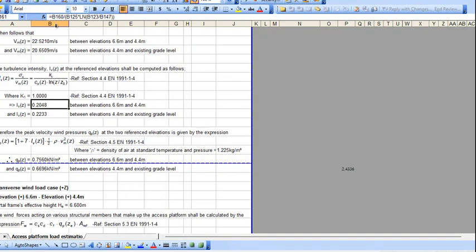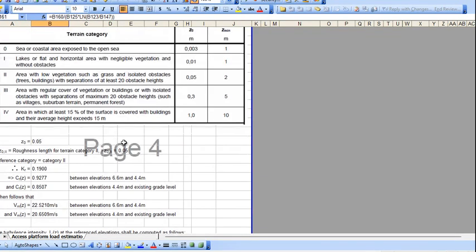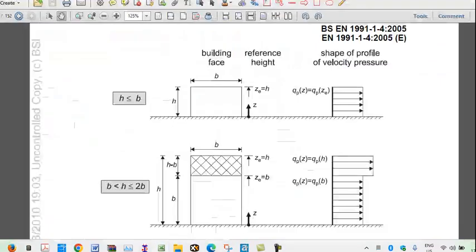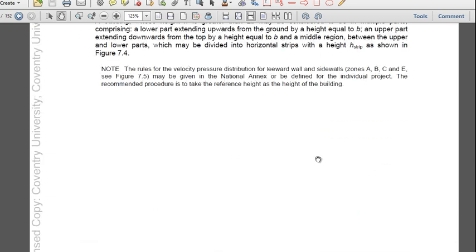Z is that height, and Z0 is your roughness length, subject to the category in which your building is situated. So this is the case that applies to the number of wind pressure variations, the number of heights at which the wind pressure is going to be evaluated.